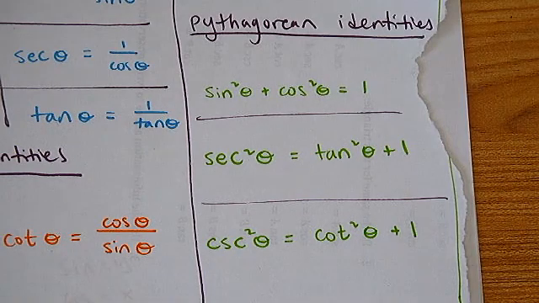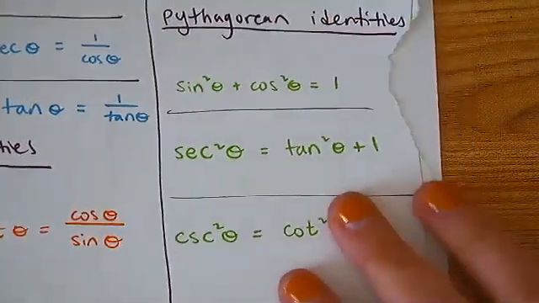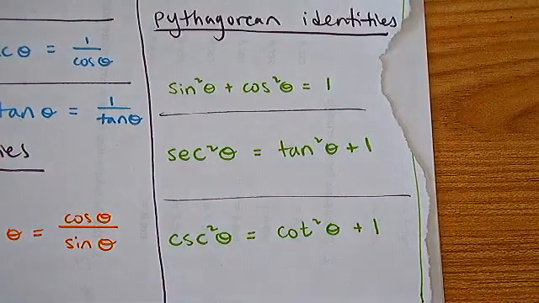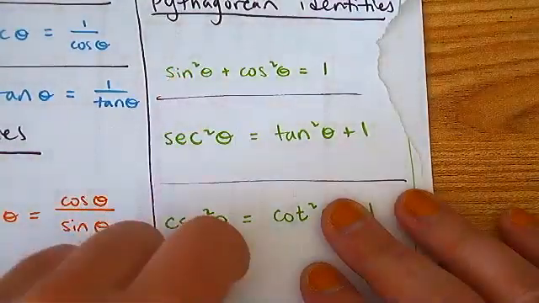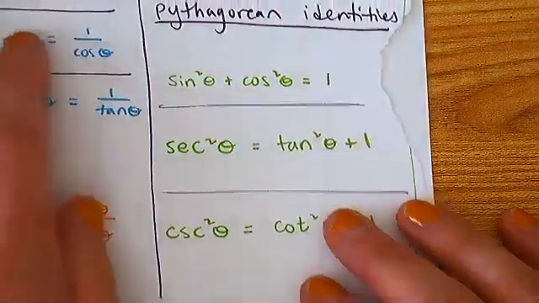You'll see it in both 5.6 and 5.7, but we're skipping right over into 5.7. These are called Pythagorean identities, and the reason why is because if we solved for these, it would be a squared plus b squared equals c squared, essentially, and that's why they're Pythagorean identities.